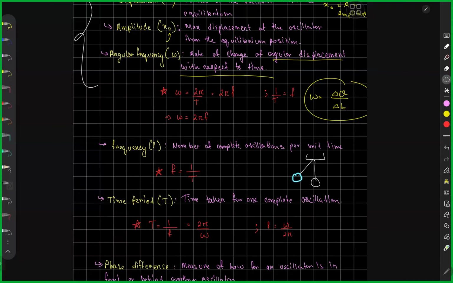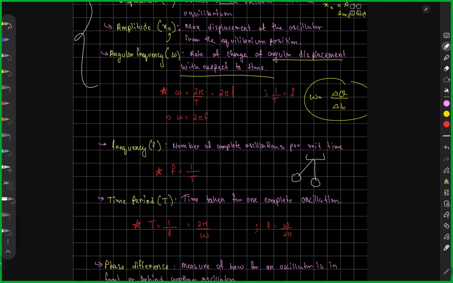Some people get confused and say the time it takes to cover just this much, from here to here, is the time period of one oscillation. No, the time period of one oscillation is from the displaced point going to the maxima in the other direction and coming back to the maxima in the same position. This is one oscillation. Going forward, coming back. Clear?